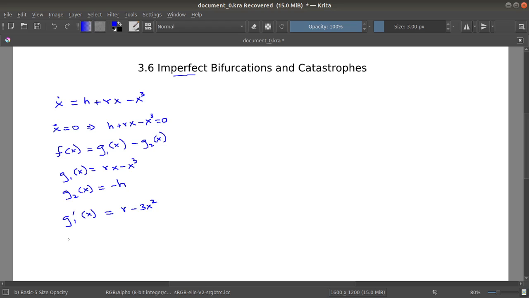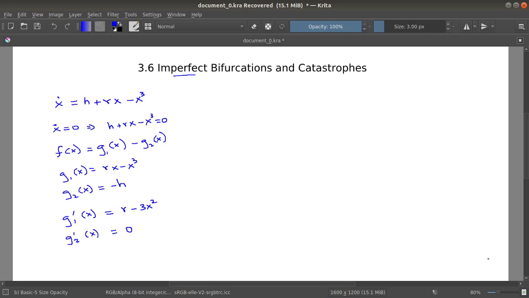Okay, what about g2 prime of x, which is, this is just constant, so it's 0. Okay, so yeah, whenever this slope of g1 of x goes to 0, then the bifurcation is happening.